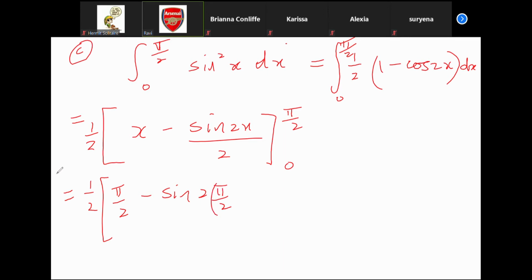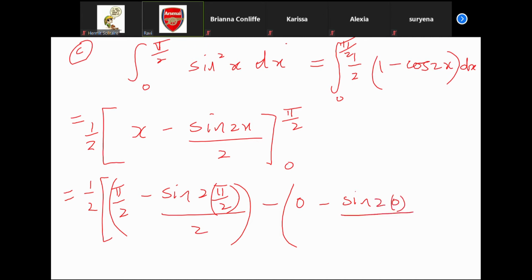Let me write out all the work. That's when I plug in the upper limit. And when I plug in the lower limit, it'll be 0 minus sine of 2 by 0 on 2.